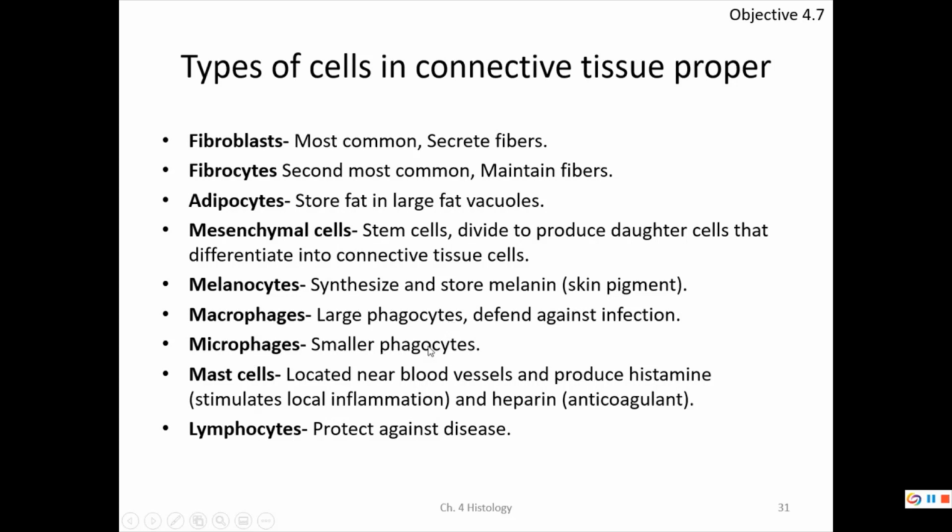Mast cells, they make histamine, mainly histamine, and heparin. These are cells that are near blood vessels.